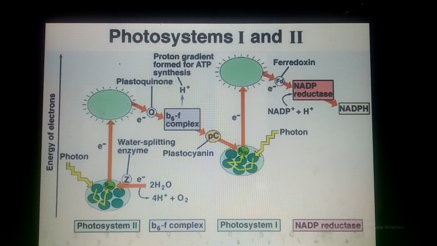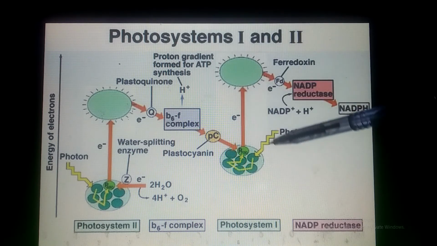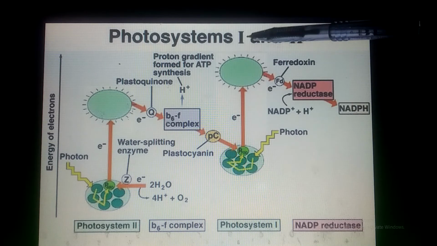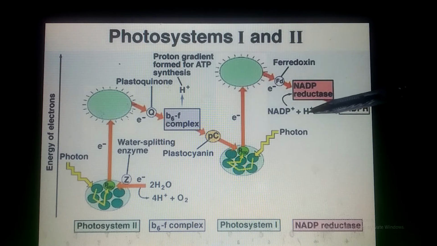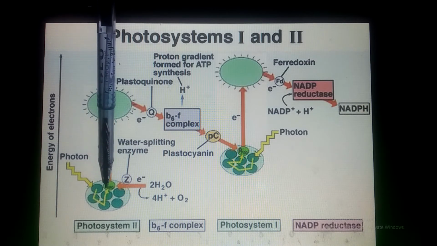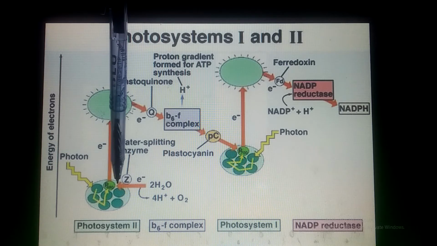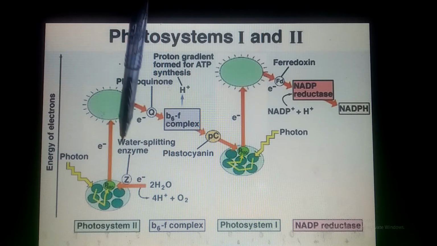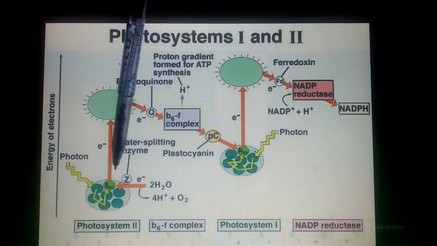I will show you the cyclic way of electron movement. This non-cyclic photophosphorylation, or light reaction, consists of photosystem 1 and photosystem 2. Now you can see here, this is photosystem 2, which comes first, because, as I have discussed, photosystem 2 absorbs the high energy wave of 680 nanometer.